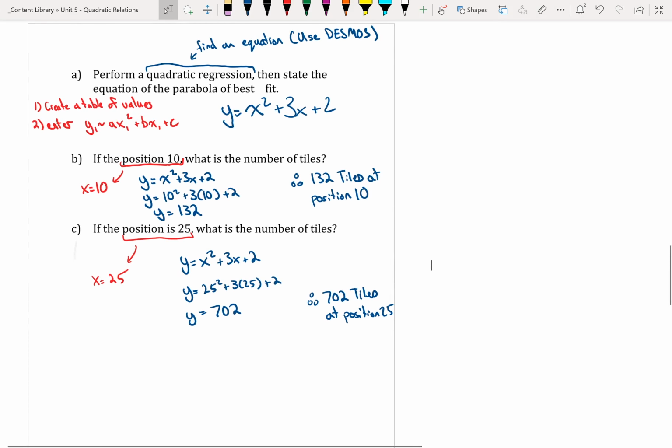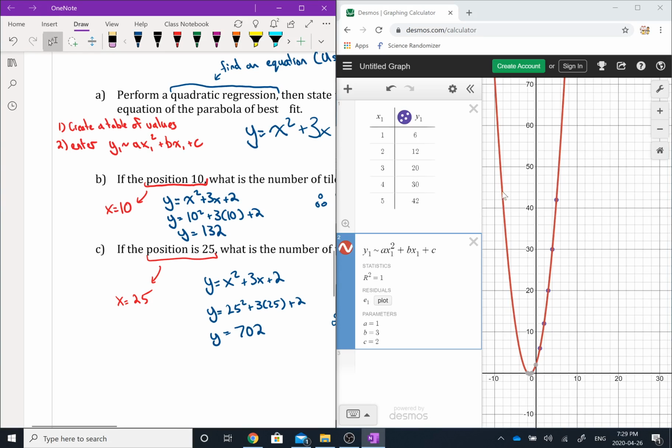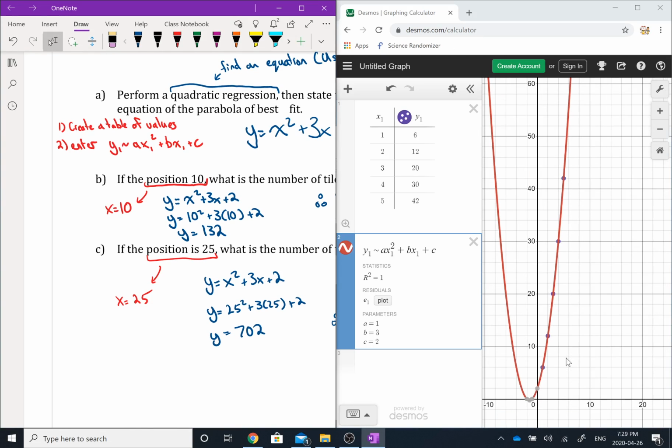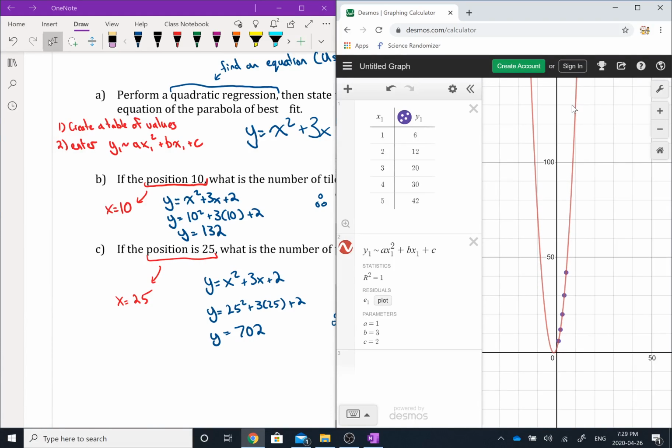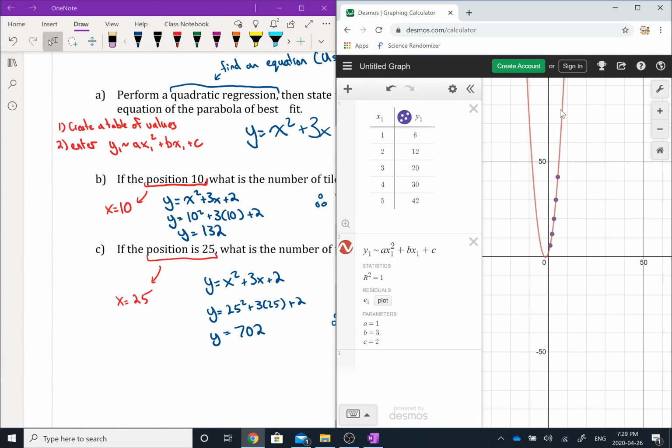Again, if you really wanted to, on our graph here you could zoom out until you found 10, or you can click on here and go up until you find 10.